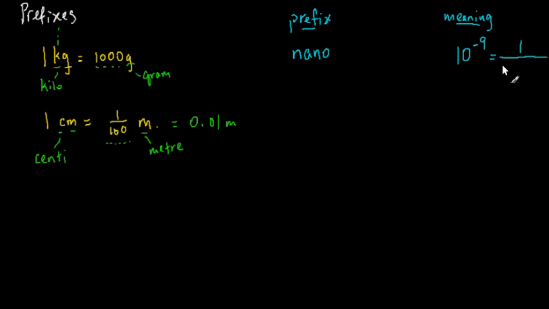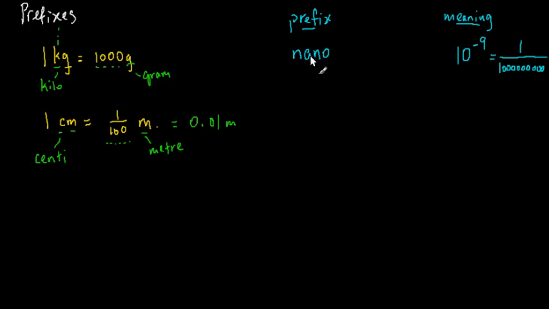So it means 1 over 1 followed by 9 zeros. The minus just means 1 over. So it goes 1 and then 1, 2, 3, 4, 5, 6, 7, 8, 9 zeros. That's the meaning of nano.